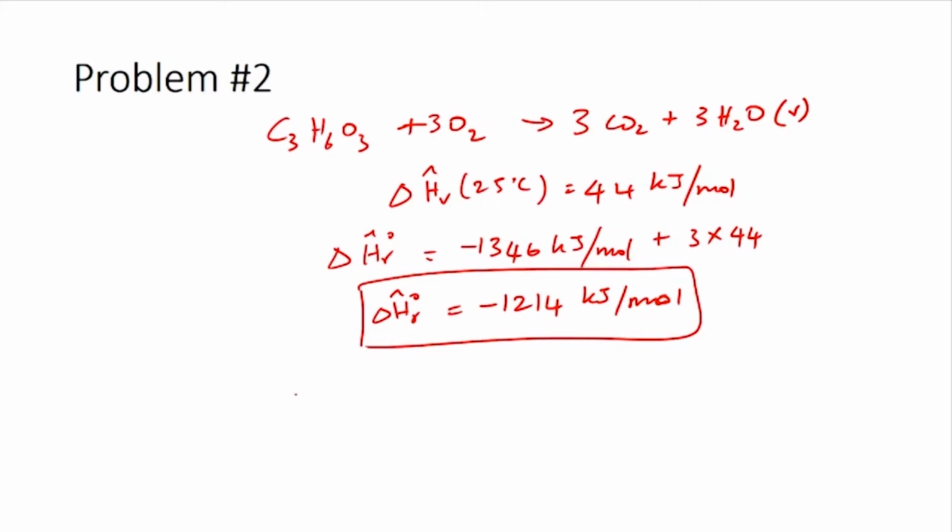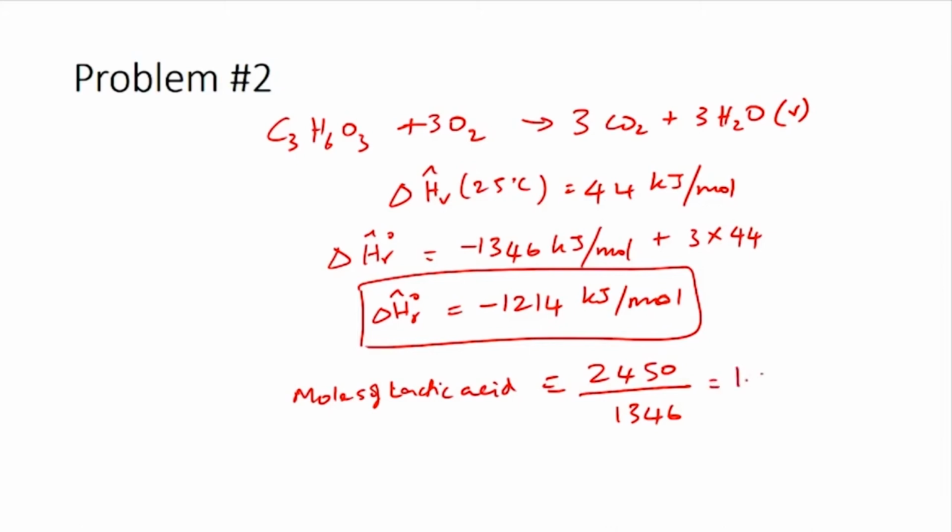So, moles of lactic acid combusted would be equal to 2450 divided by 1346, as 1346 kilojoules is the amount of heat which would be released when 1 mole of lactic acid is burnt.